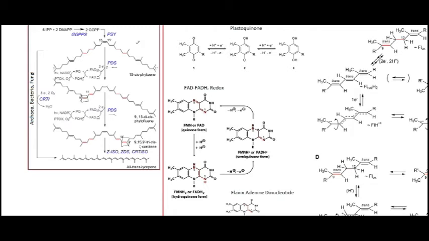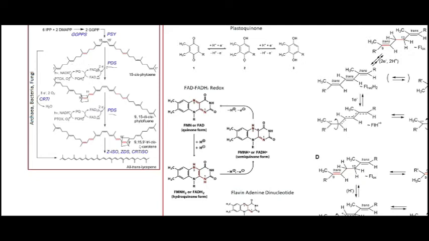And so we can see when we reduce it, we take this ketone here and turn it into a hydroxyl. Then we reduce it further, taking this oxygen here into another hydroxyl, and you can also reoxidize it back to this double bond form.